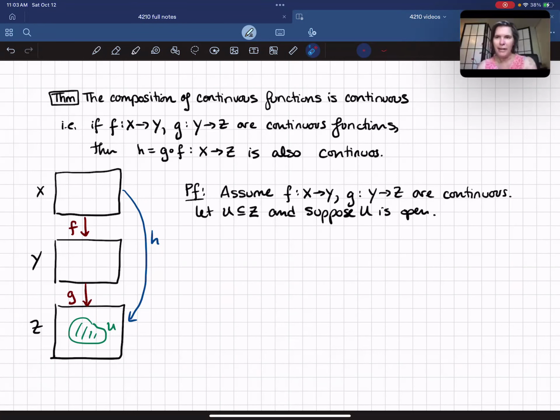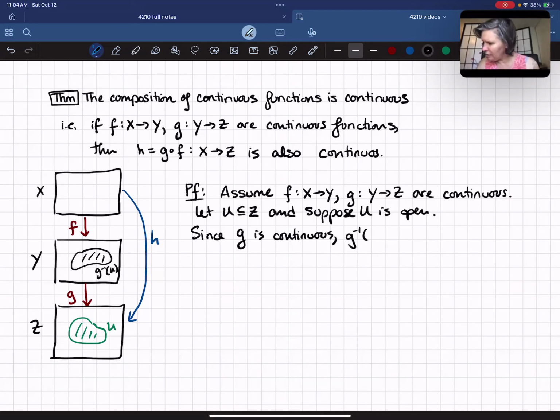I don't know enough about h to do that in one step, but I do know that g is continuous. So if I look at what hits U, g might hit U. So I can look at this set right here, g inverse of U. Since g is continuous, g inverse of U is open in Y. So I pull U back through the g function.